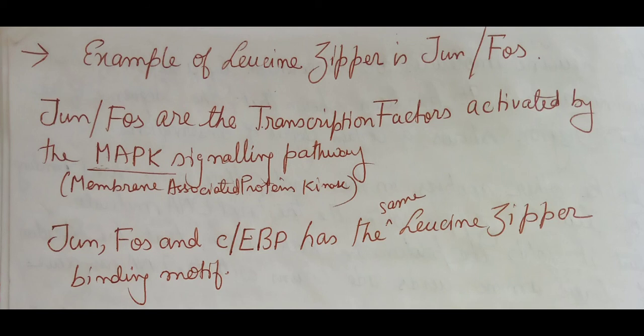So CCAAT enhancer binding protein is also a family of transcription factors. It is composed of 6 members, naming from C/EBP alpha to C/EBP zeta, right?